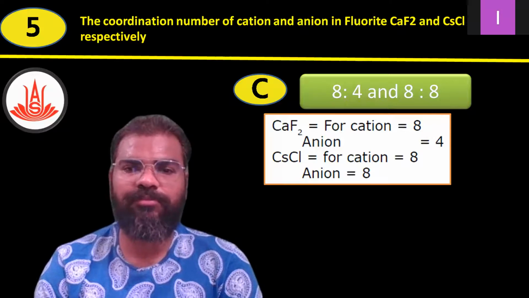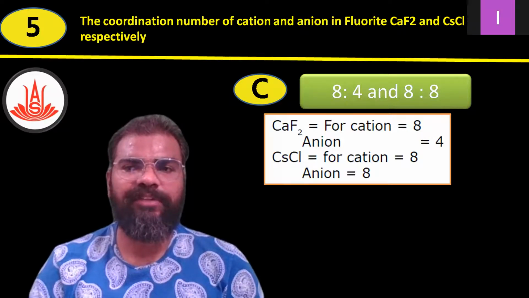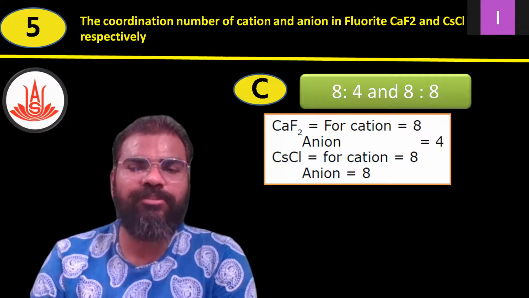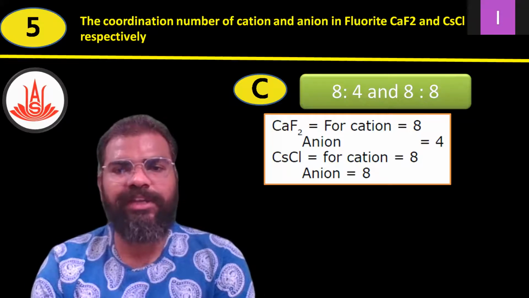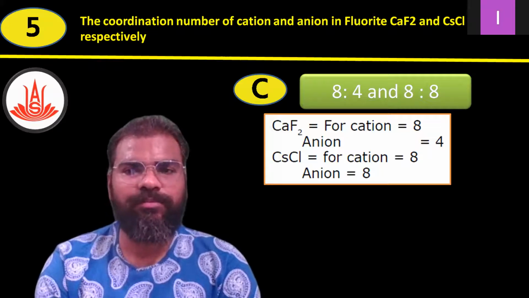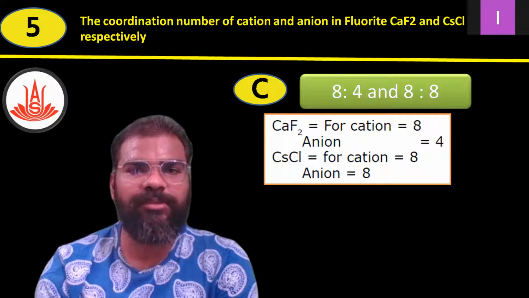So 8 is to 4 would be for CaF2, calcium fluoride. Whereas in CsCl, cesium chloride, the number of cations and anions are both equal, so it would be 8 is to 8 for cesium chloride. So 8 is to 4 and 8 is to 8 is the correct option for question number 5.